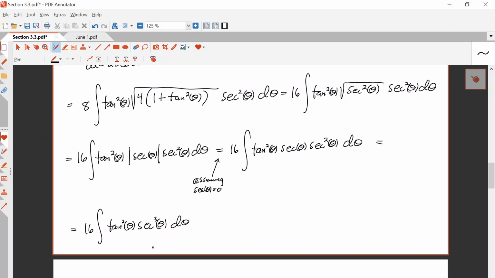It becomes 1 plus tangent squared theta. So this is equal to 16 tangent theta secant squared theta times secant theta tangent theta, that being the derivative of secant.